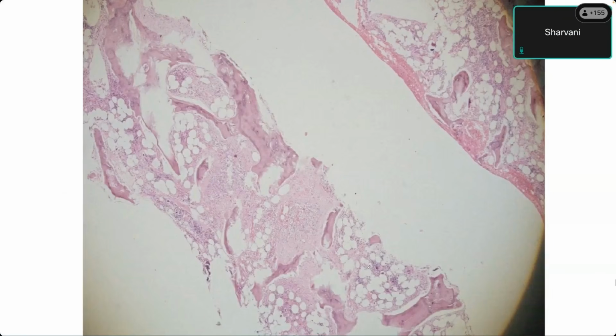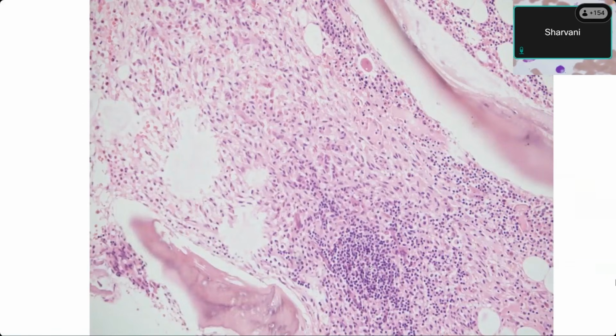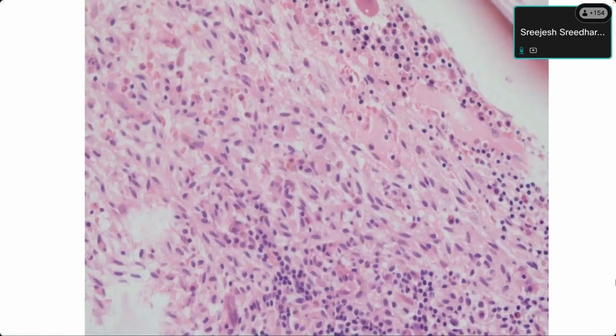It shows monomorphic sheets of cells with eccentric nuclei. Is it eccentric? What is the shape of the cell? Spindle. The spindle cells. And the shape of the nucleus?